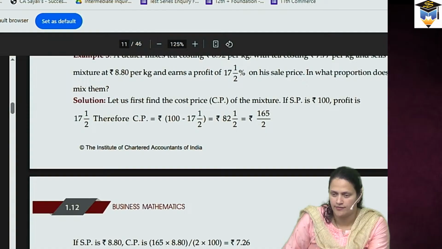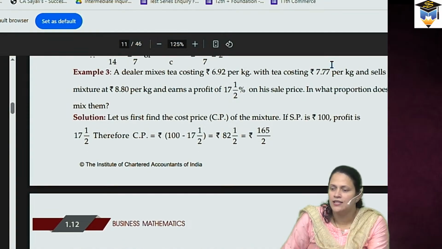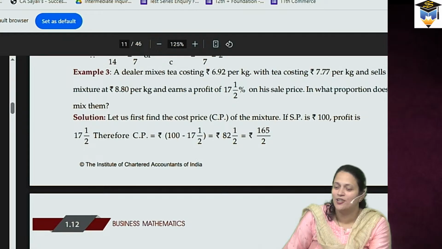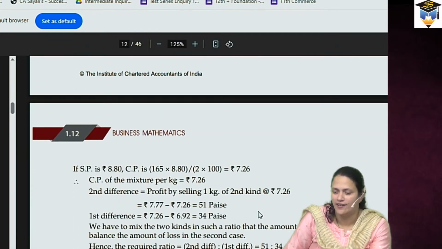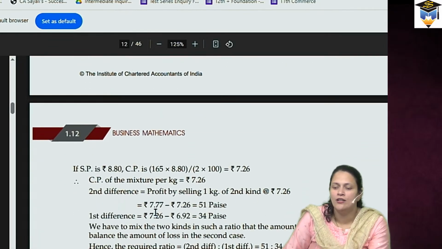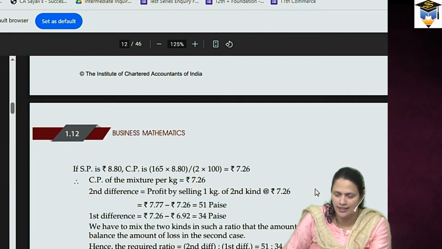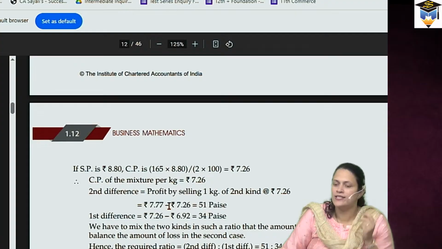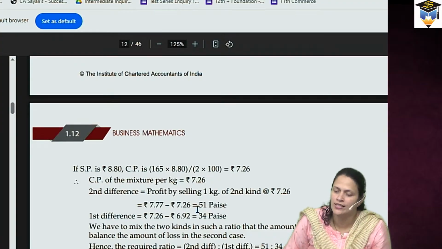Let us check. This is given to us in the original sum. The costing is given as 7.77. You have to read the sum carefully for that. So profit by selling 1 kg at the rate 7.26 is 7.77 minus 7.26, which is nothing but 51 paise.